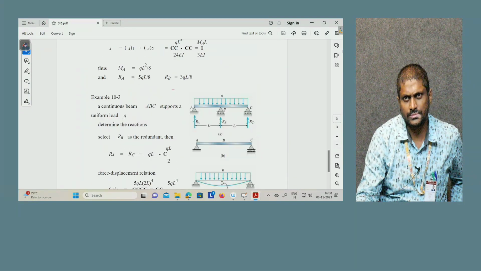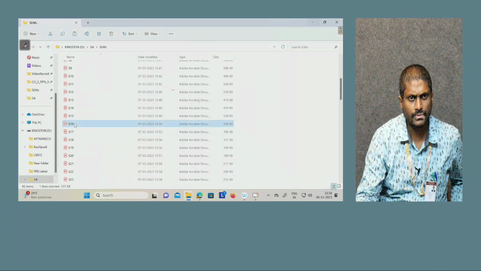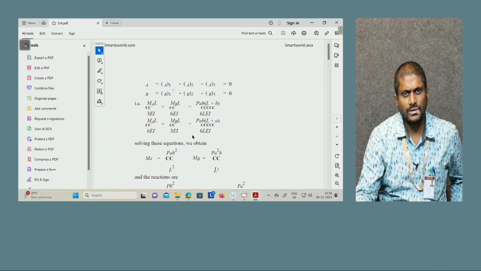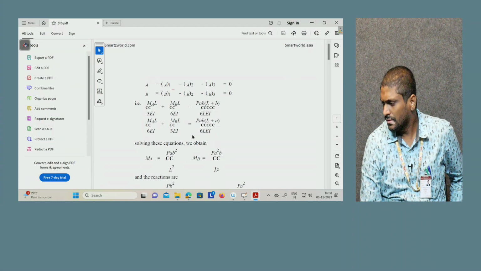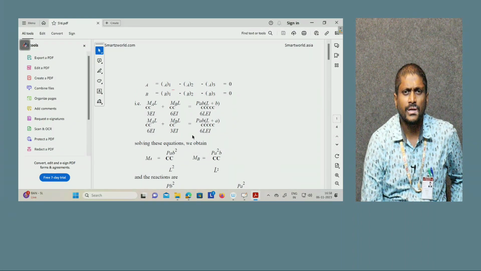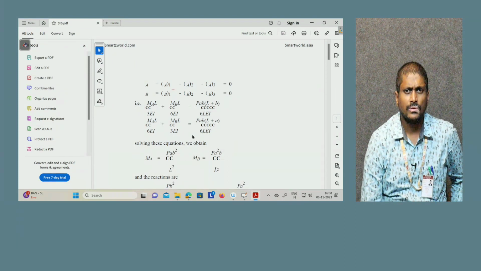Compatibility equations, then a equals a1 minus a2 minus a3 equals 0, and b equals b1 and b2.